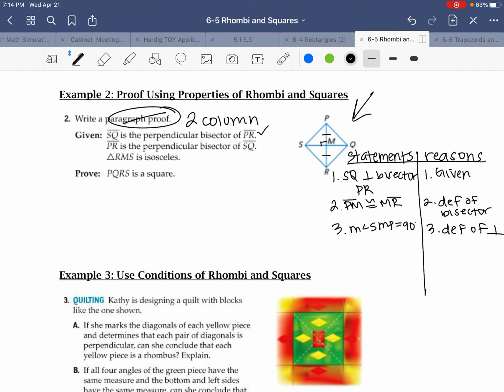So now we're going to move on to our second statement that PR is a perpendicular bisector of SQ. And our reason for that was given. And now because of that statement that we were given, knowing that PR is a perpendicular bisector of SQ, I know that SM must be congruent to MQ because that's the definition of bisector.